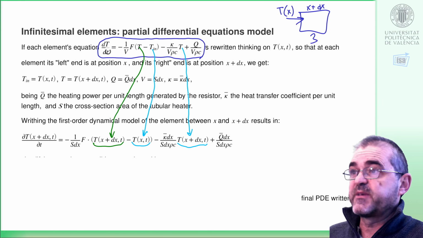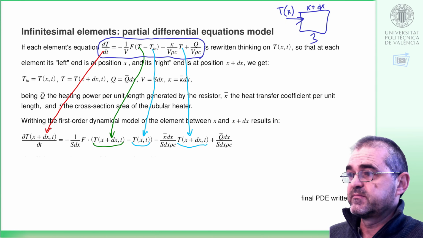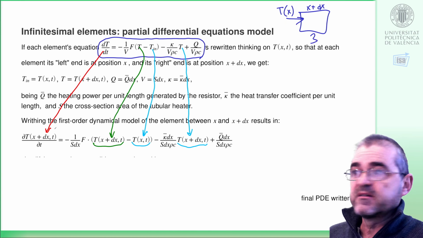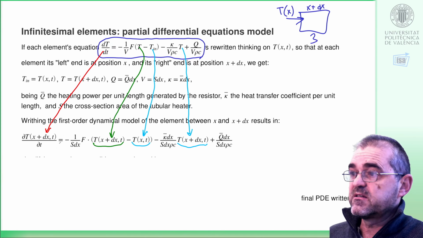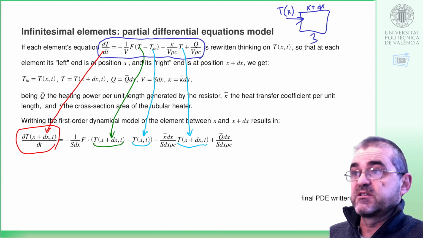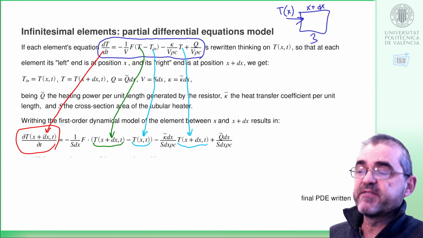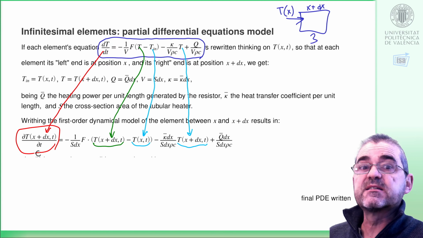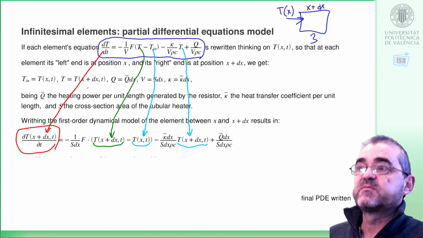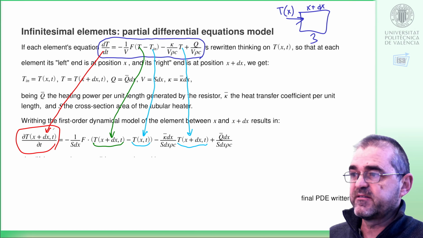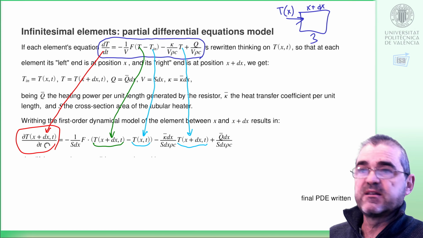The derivative with respect to time of capital T, when we have one element, now we need to change it to a partial derivative, because as temperature depends on two things, then we can take derivatives either with respect to x or with respect to time. So this temporal derivative now will need this new notation.